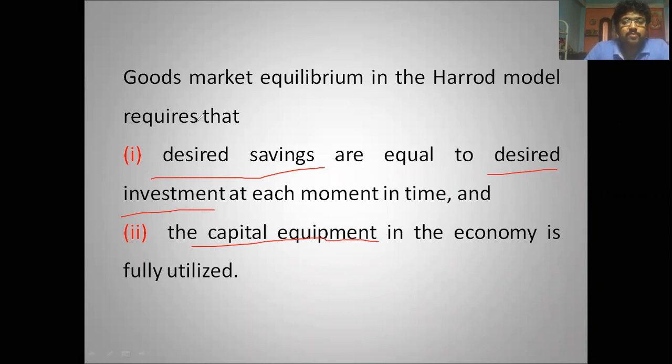At first I am talking about the first assumption, that is, the desired savings equal the desired investment. Suppose desired investment is greater than the desired saving. What will happen?